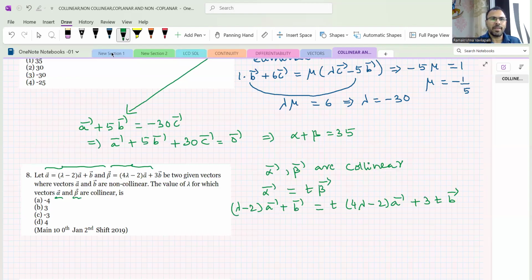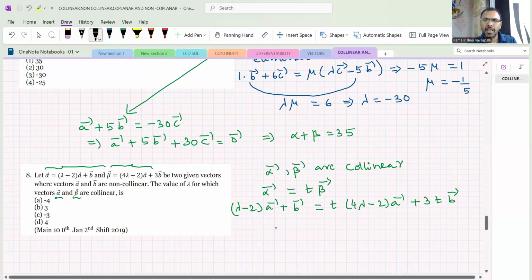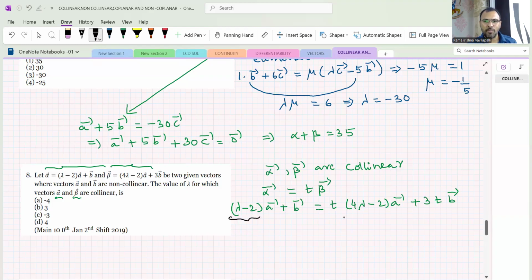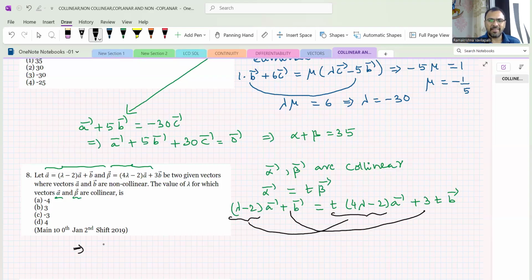Now, what are A bar, B bar? A bar, B bar are non-collinear vectors. So equate their scalar components. These two are equal and these two are equal. So first I'll equate that 1 equal to 3t, and lambda minus 2 equal to t into 4 lambda minus 2.